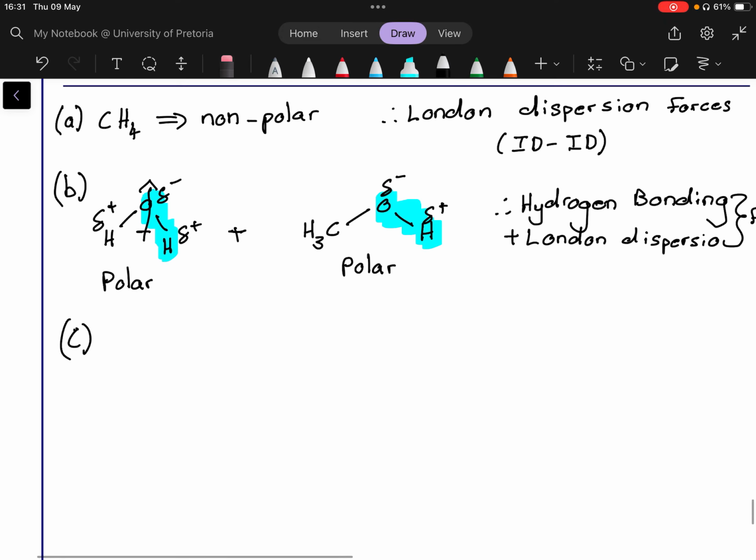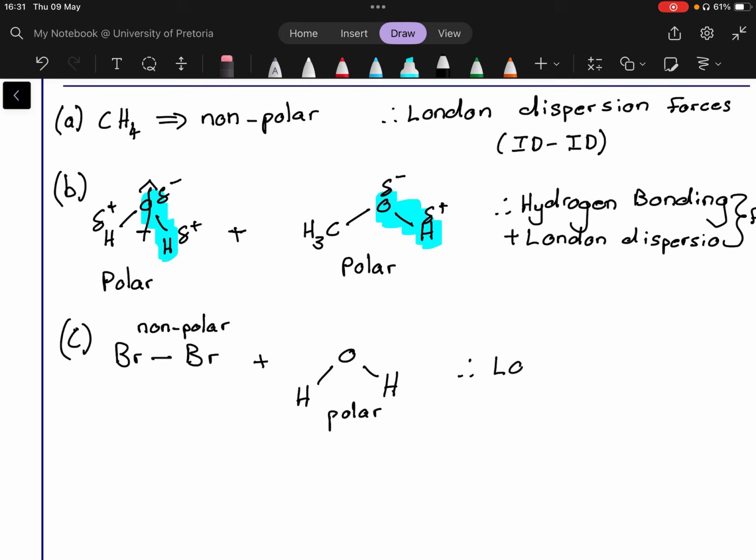And then the final one is molecules of bromine in water. So Br2 plus H2O. Bromine is nonpolar. Water is, of course, polar. So what are the things that are always present?